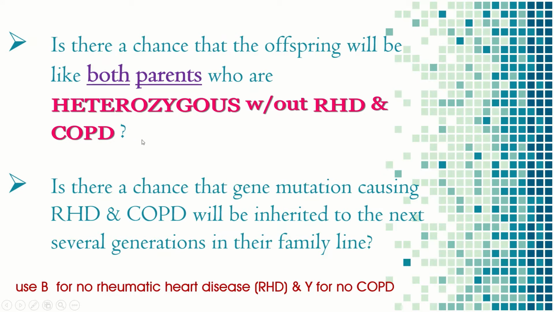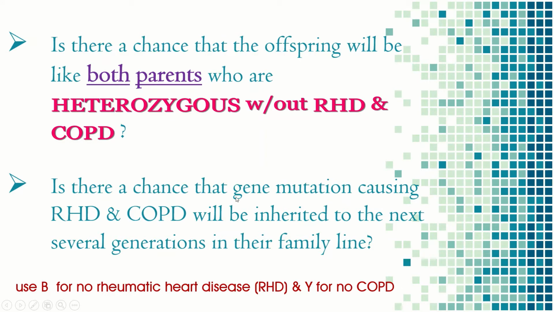So both parents are healthy, but when we say heterozygous, the parents have the recessive allele. In short, the parents are carriers of the disease. But since there is a dominant trait, they do not have the disease RHD and COPD.